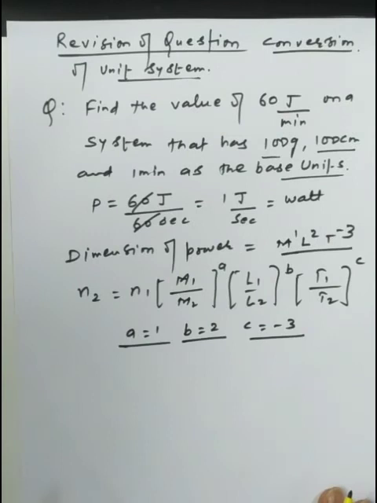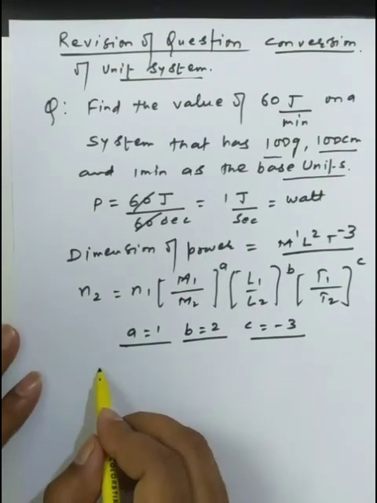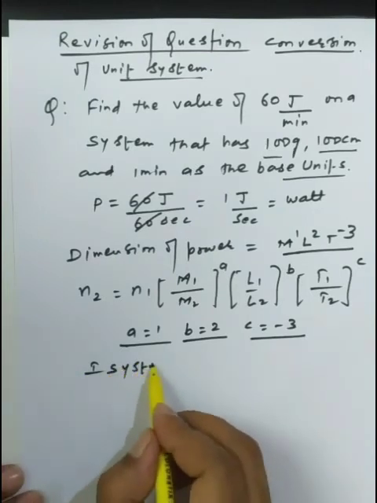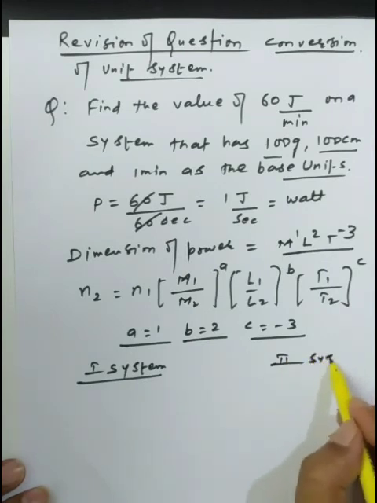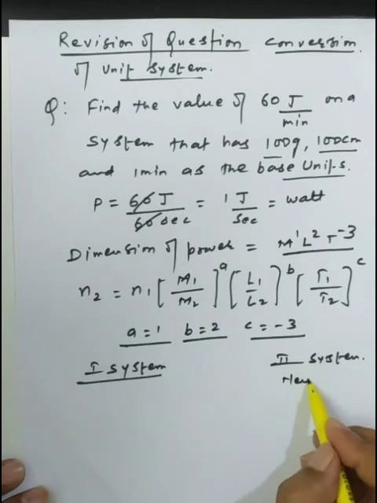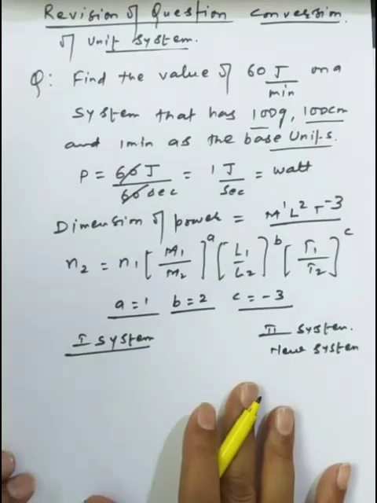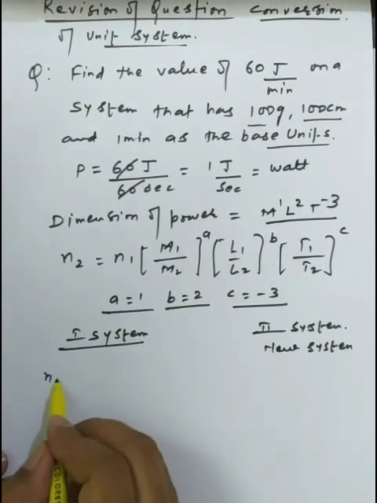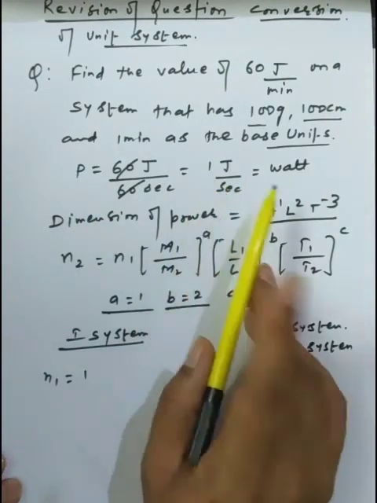Okay, now we go towards the systems in which we have the parameters given, that is the first system and the second system, also called the new system. And how can we resolve it? Okay, in the first system we have n1 is equal to 1, because power we got in joule upon second, that is 1.